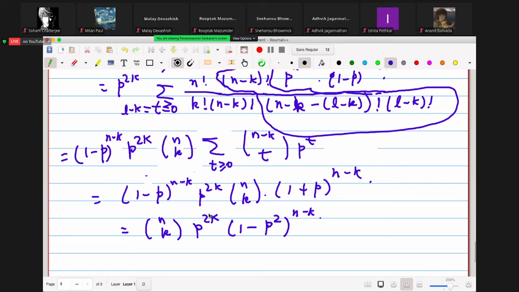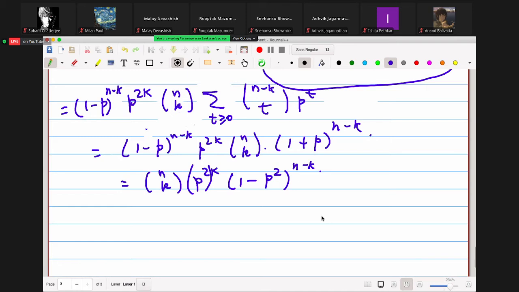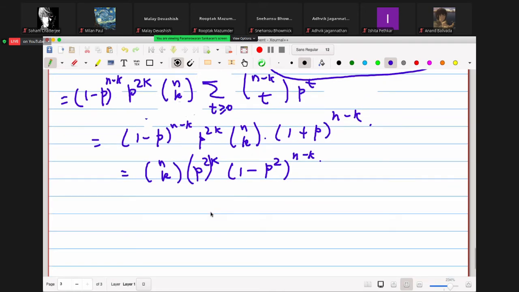Or you can think of it as p square power k, 1 minus p square power n minus k. Okay, so this is the simplification that you get. Anyway, this is just some indulgence in binomial coefficients and so on.